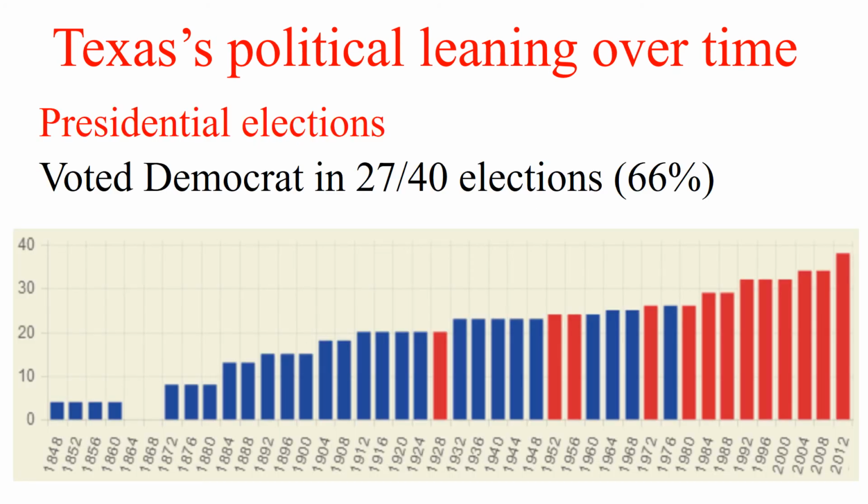When we look at the presidential elections, we see that in 66% of presidential elections, Texas voted for the Democratic candidate, shown here in blue bars, and only 34% it voted for the Republican candidates, shown in red over here. As you can see, in recent years, starting from 1980, it's been a Republican dominance.